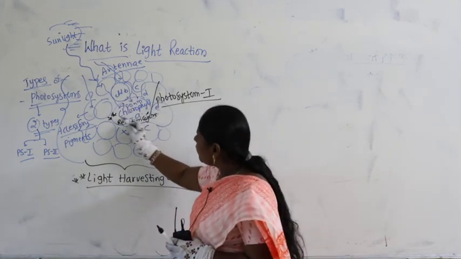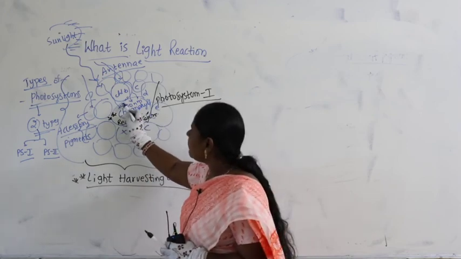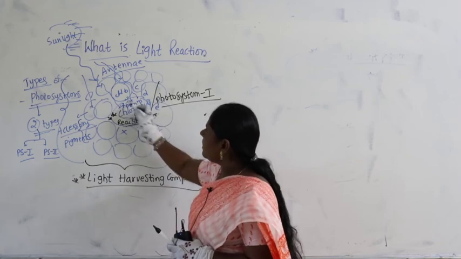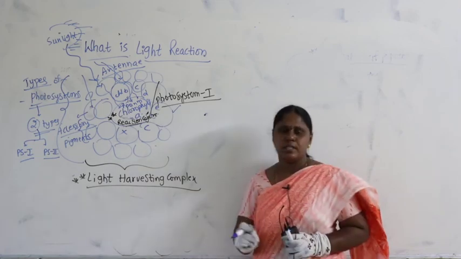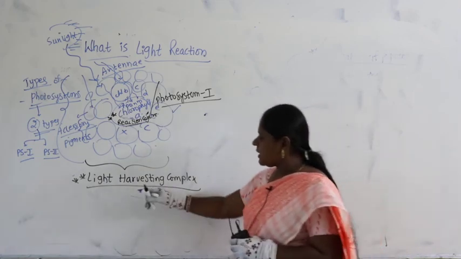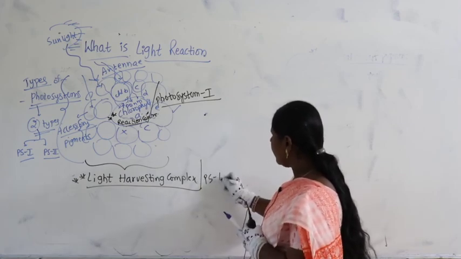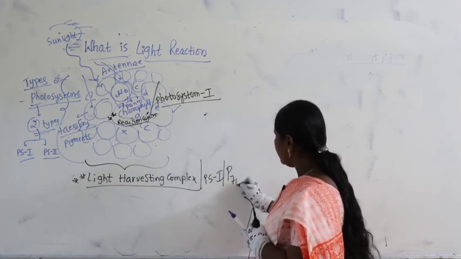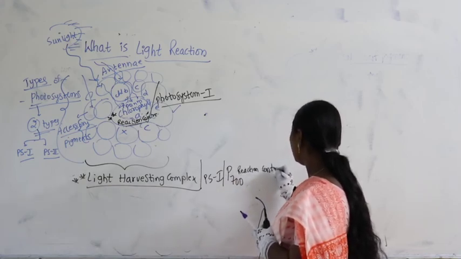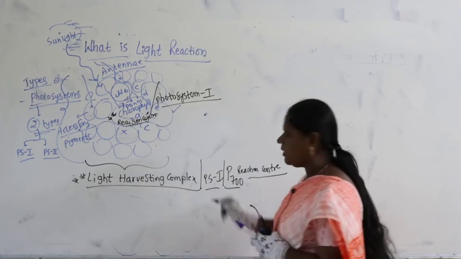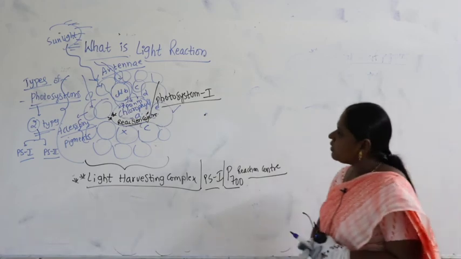If this chlorophyll A, the center chlorophyll A, absorbs light of 700 nanometers wavelength, then this total photosystem is called photosystem 1. So this light harvesting complex itself is called photosystem 1, or the P700 reaction center.